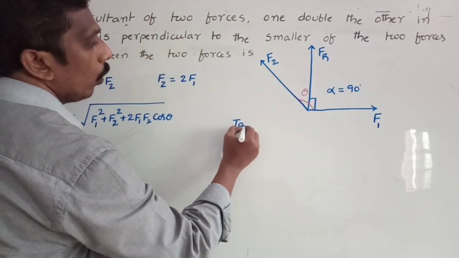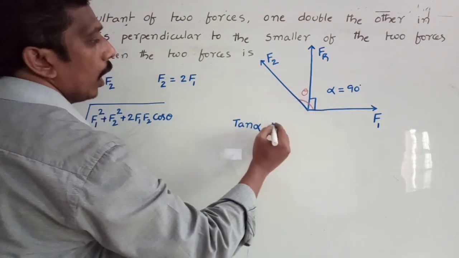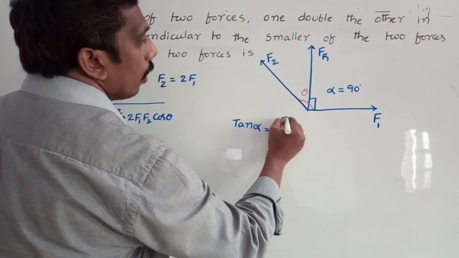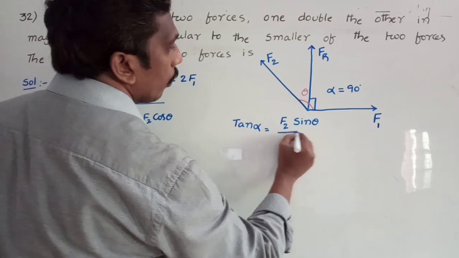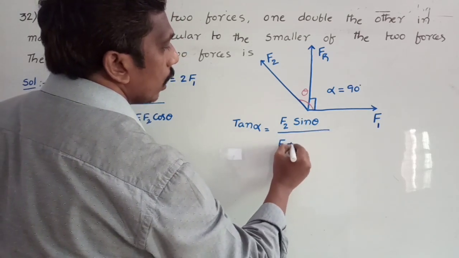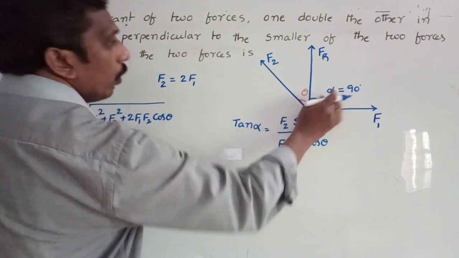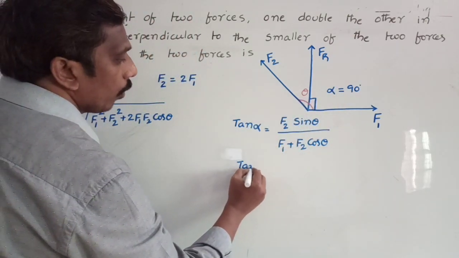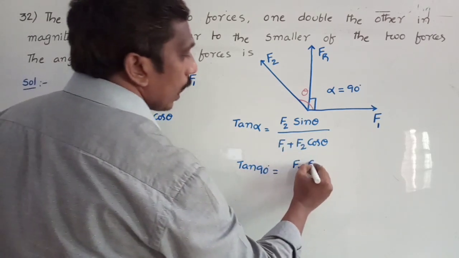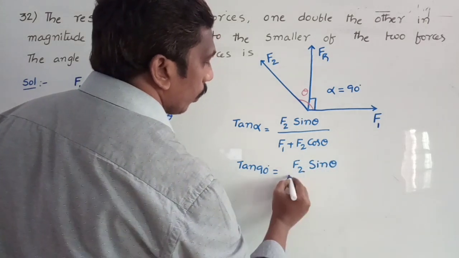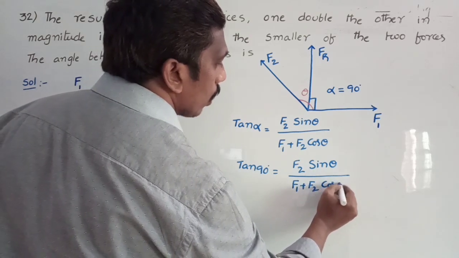So from this we know the formula: tan alpha is equal to the angle made by the resultant with the force. Tan alpha is equal to F2 sin theta by F1 plus F2 cos theta. Here alpha value 90, substitute here, tan 90 degrees is equal to F2 sin theta by F1 plus F2 cos theta.